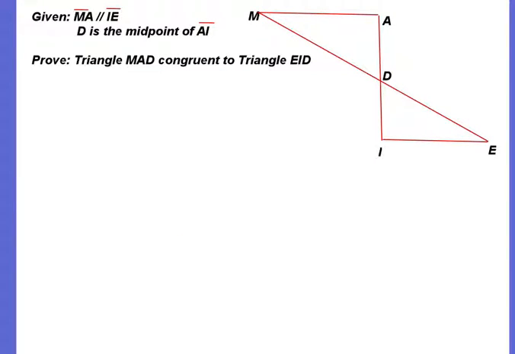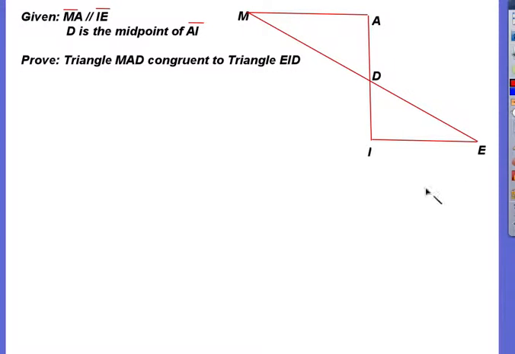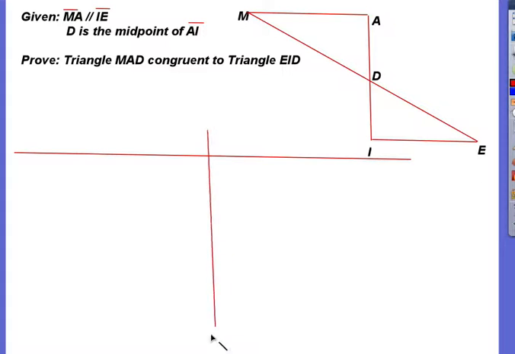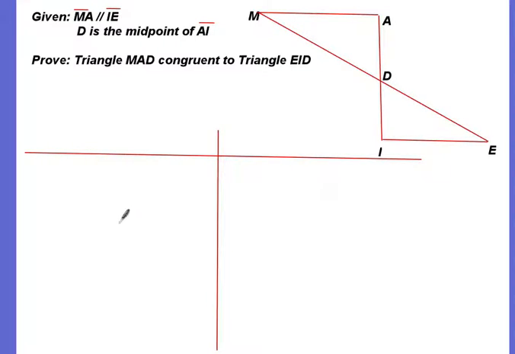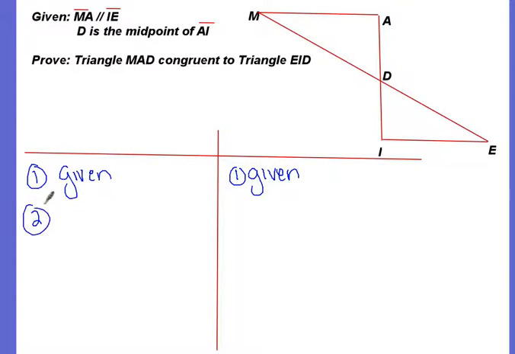I'd like for you to try this proof. You can press pause, or you can watch me explain. Okay, so where's my given? Next thing, let's look at what's given. So MA is parallel to IE.